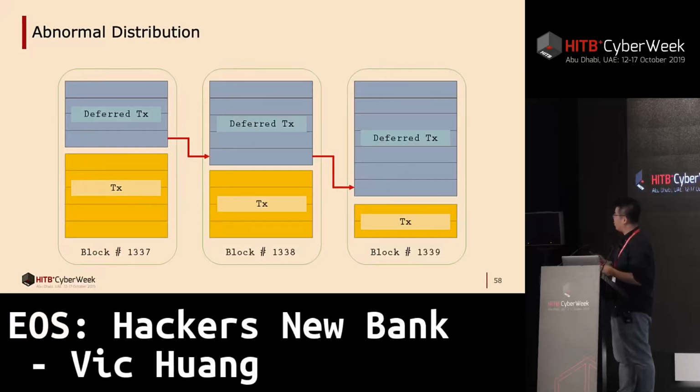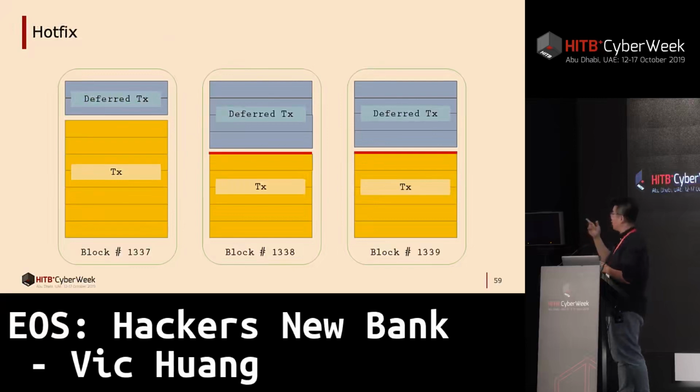If we try to produce a lot of deferred transactions, and they produce more deferred transactions, and some of them are going to hard fail, then using these two features, we can almost DoS the whole block. It's like DoS on the whole chain.